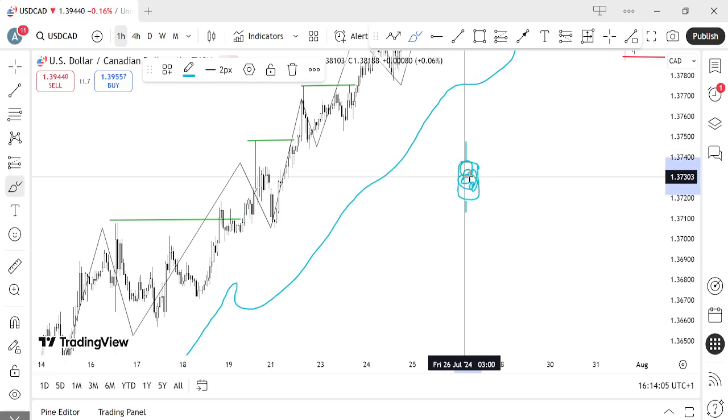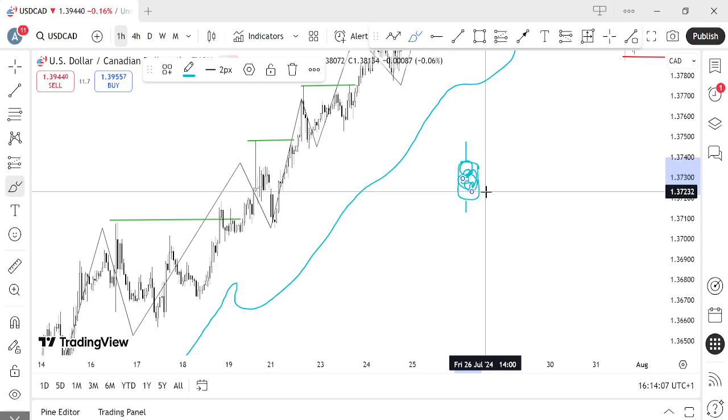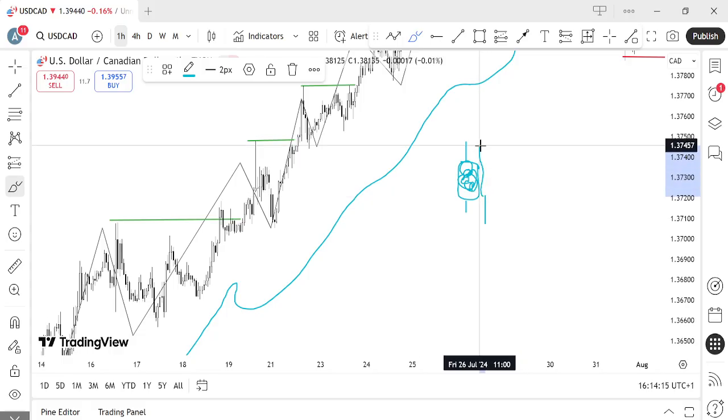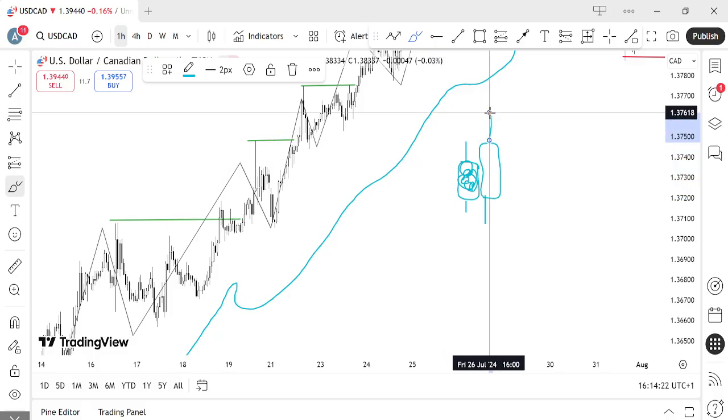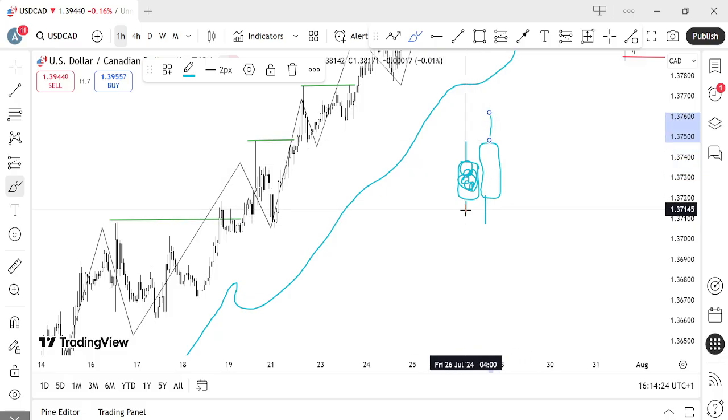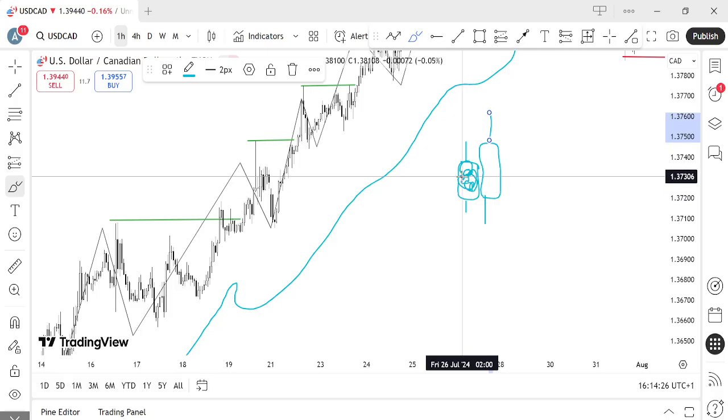I'm trying to paint it black. And there is another candle forming that takes out the previous low that this original bearish candle formed.